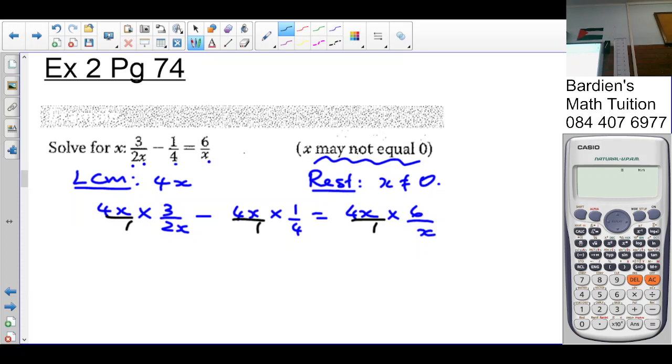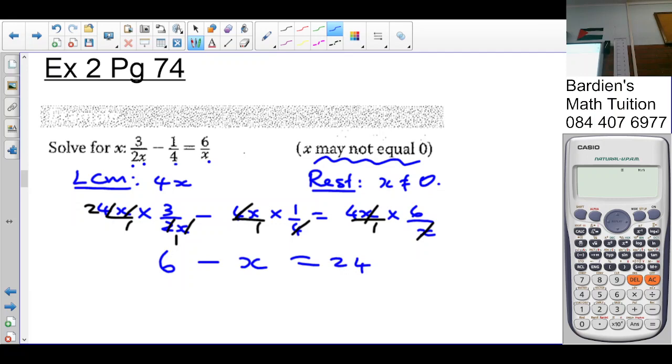Not so? So here x cancels x. 2 goes into 2 once, 2 goes into 4 twice. 2 times 3, 6. Minus, 4 cancels 4, not so? So x times 1 is x, equals. That cancels. 4 times 6 is 24.